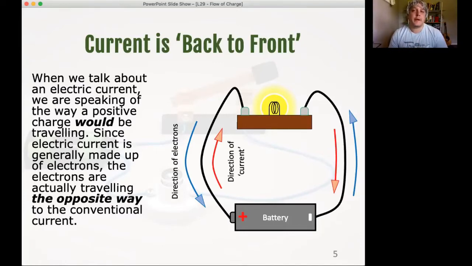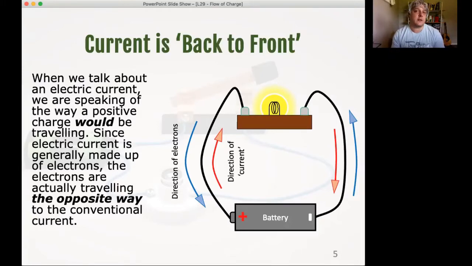We still always talk about current as being the way the conventional current travels. I know it seems confusing, and given every single circuit in the world operates by electrons flowing through it, it seems very odd to have this convention where the direction of the current that we talk about is opposite to the actual direction that we know the things that are causing the current are flowing.